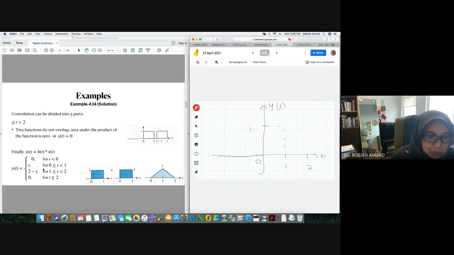Okay, so from 0 to 1 is t, so this is t lah. And then 2 minus t here. And then after that 0. So this is our output yt after the convolutions.